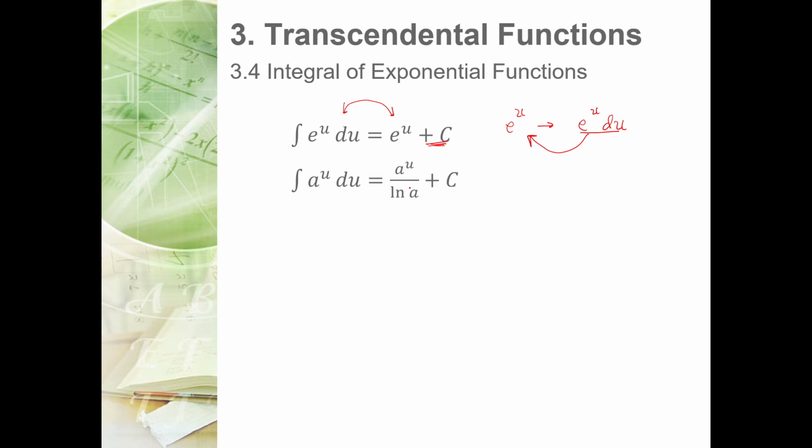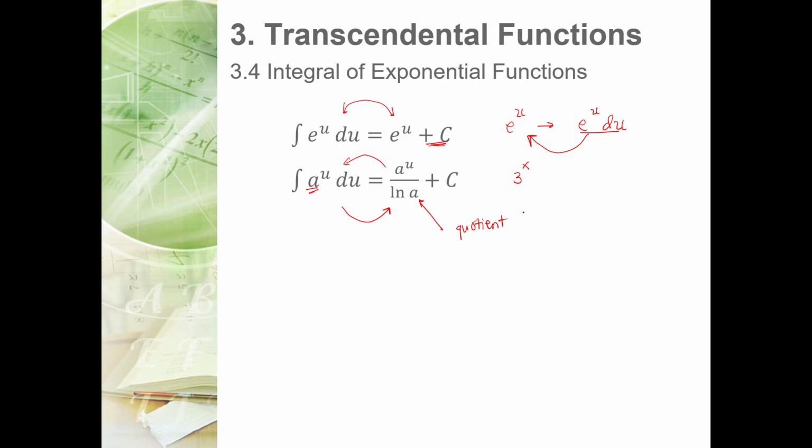Okay? So what if your base function is a constant? So a is a constant, for example, 3 to the power of x. The answer to this one is a to the power of u over ln a plus c. If you want to verify, we need to derive this one, right? Deriving this one, we will use the quotient rule, I think.